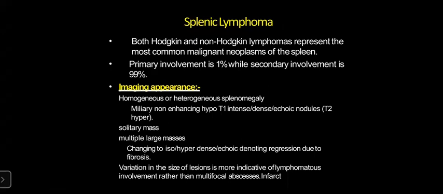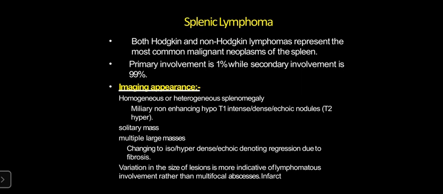Splenic lymphoma, both Hodgkin and non-Hodgkin, represents the most common malignant neoplasm of the spleen. Primary involvement is 1%, while secondary involvement is 99%. The imaging evidence of lymphoma: homogeneous or heterogeneous splenomegaly, miliary non-enhancing nodules, hypo T1 and hyper T2, hypodense and hypoechoic, solitary mass, or multiple large masses.